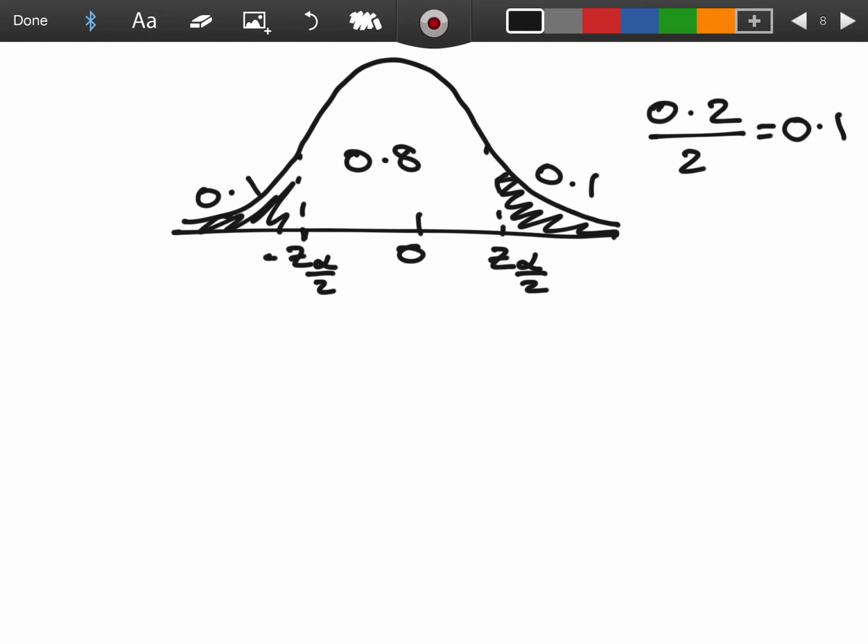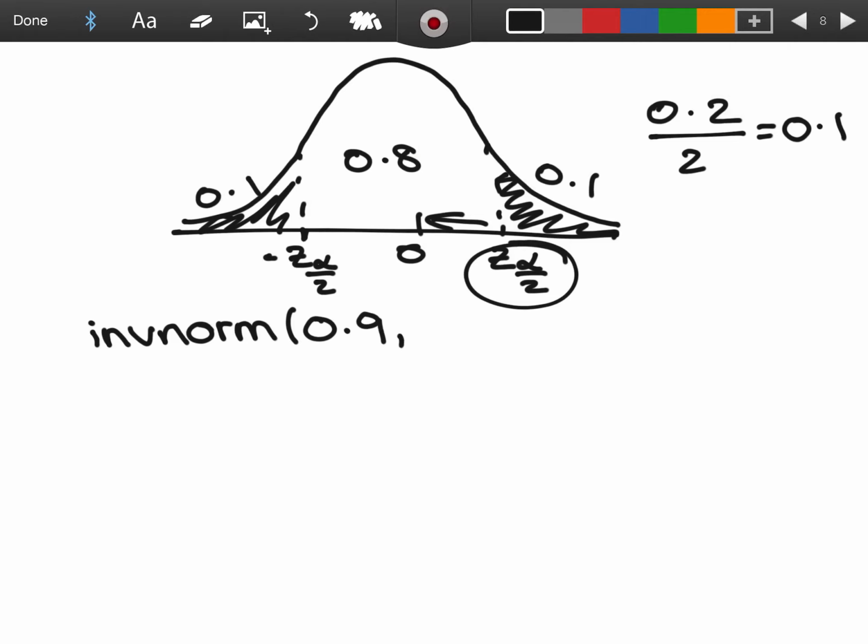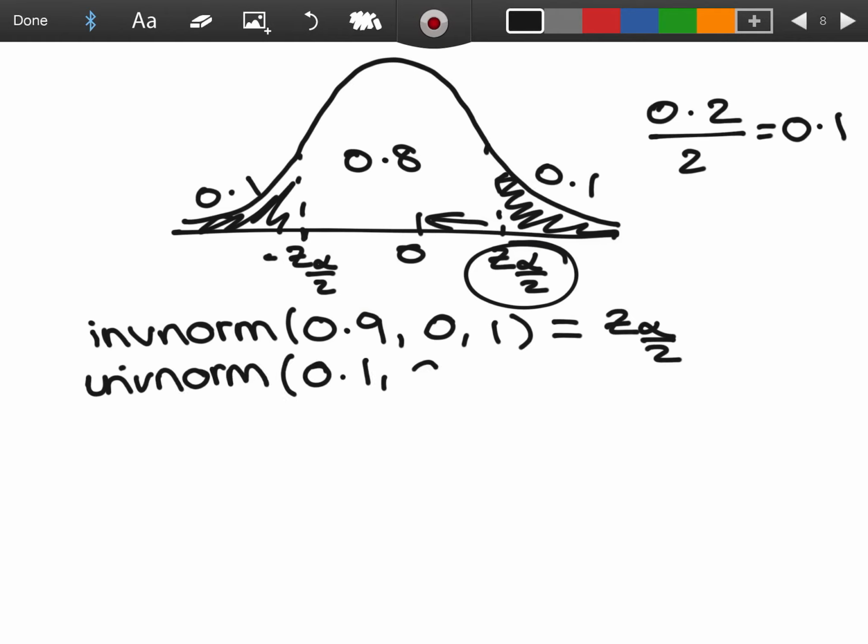Okay, so if I was trying to find z of alpha over 2, I could do inverse norm of, you could do either one. To find this one, my area to the left is 0.9 because it's 0.8 plus 0.1. Mean of 0, standard deviation of 1. Or what you could do either way, because you only need one of these values because they're just positive and negative of one another.